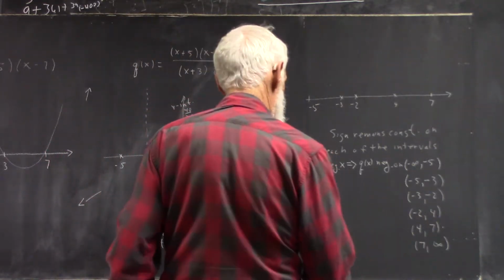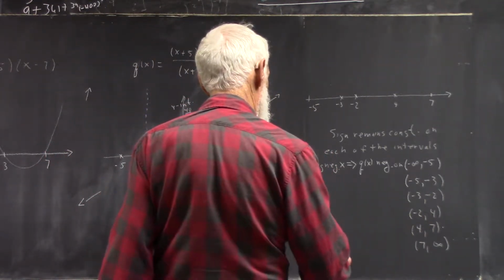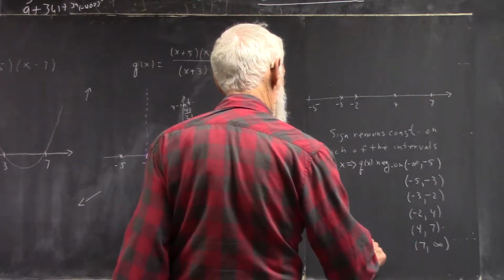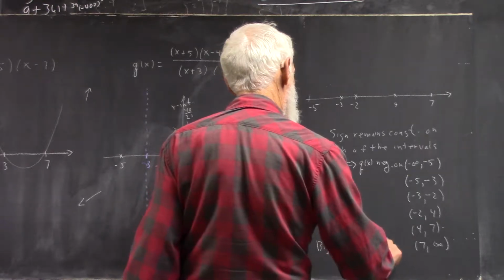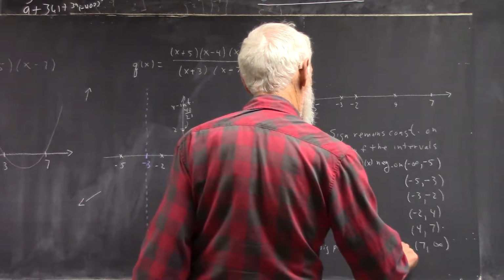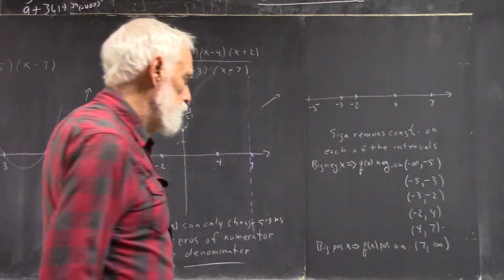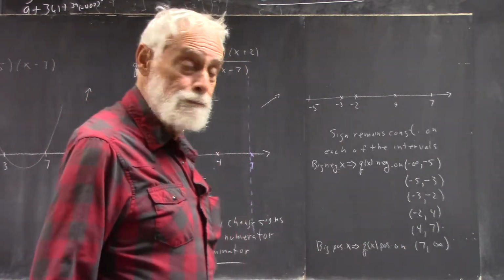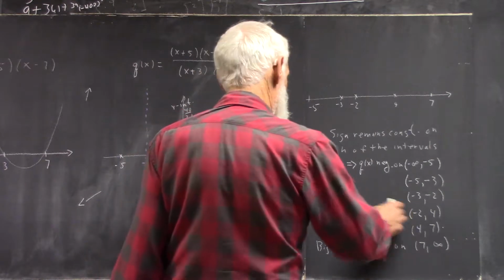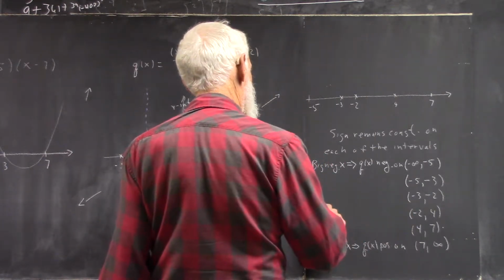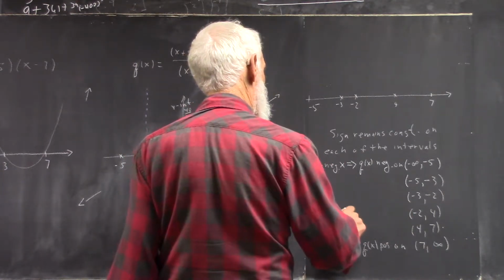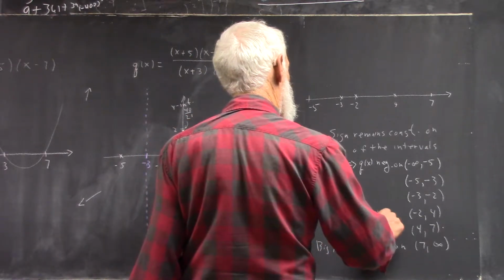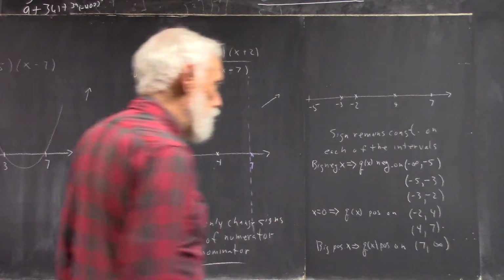And here, big positive x implies q of x is positive in this interval. And in this interval, we have positive, right?